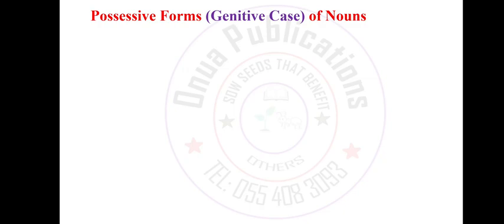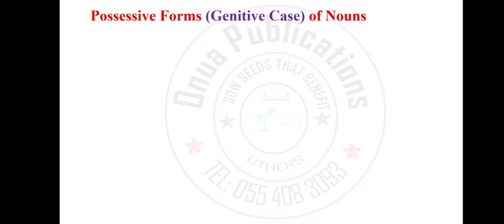As we transition, we now want to look at possessive forms of nouns. The moment we talk of possessive, it means someone owns something as his or her property. The person owns the thing as his or her property.